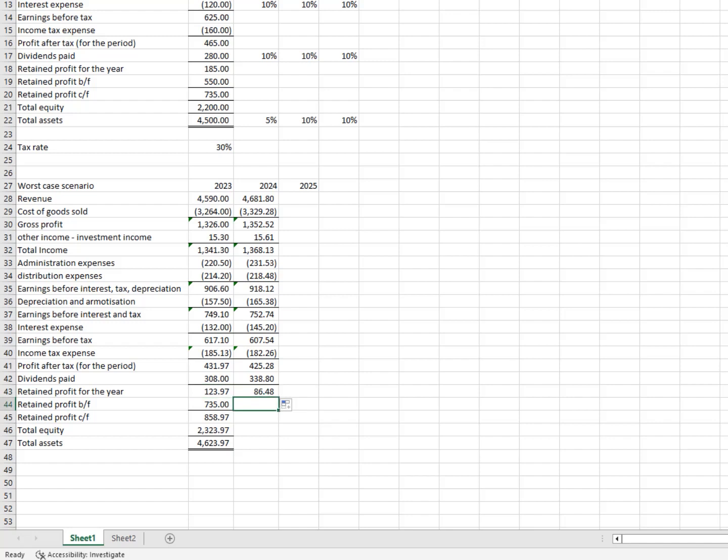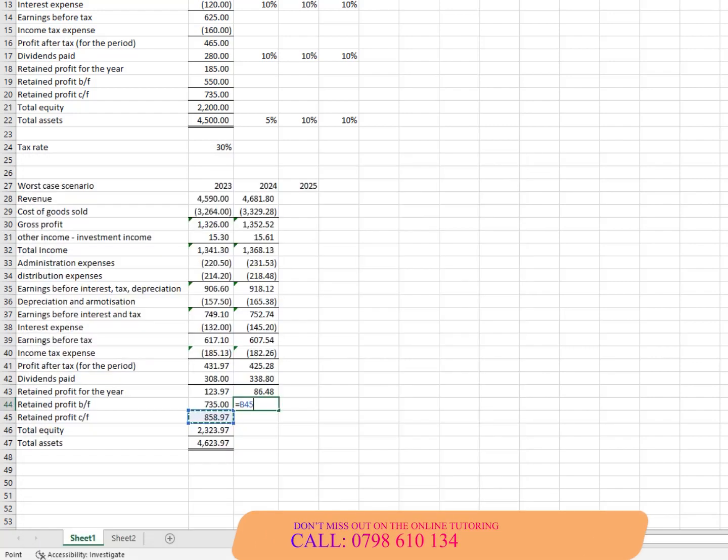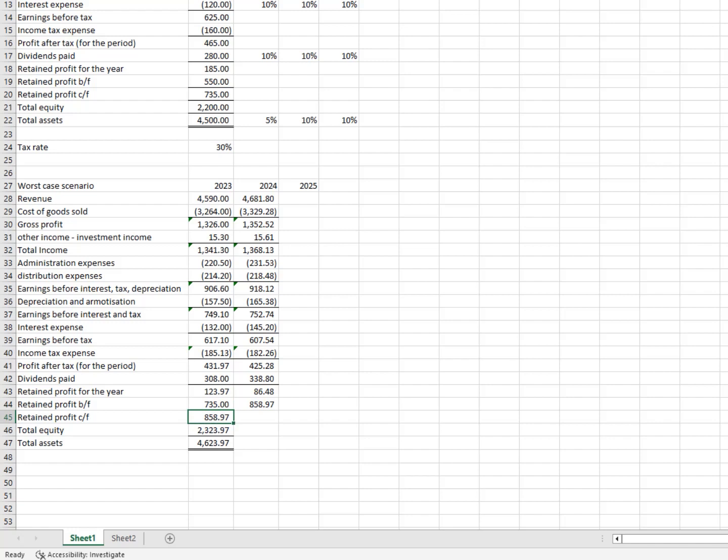Retained earnings brought forward were the retained earnings carried forward from the previous period. So we click equal sign, click on the cell containing the previous period, that is B45, hit enter. Retained earnings carried forward, we can drag it again to calculate for us.